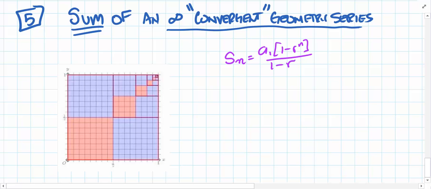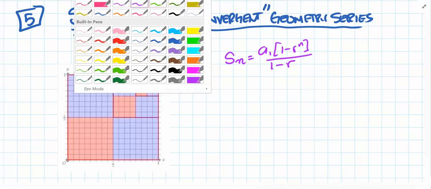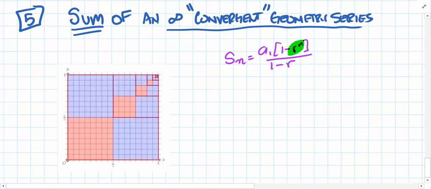Well, if you think about this, if I took r to the n, if my ratio was a fraction, like a half, and I raised that fraction to a really, really large number because n is going to infinity. So what's a fraction raised to a very large number? A very, very small number. In fact, it becomes so small, it basically becomes insignificant.